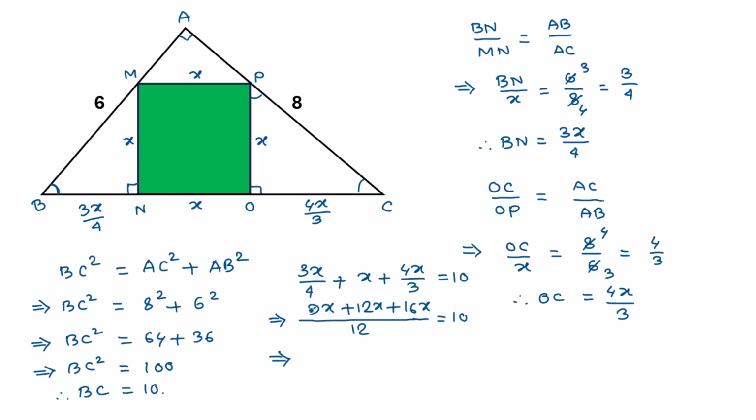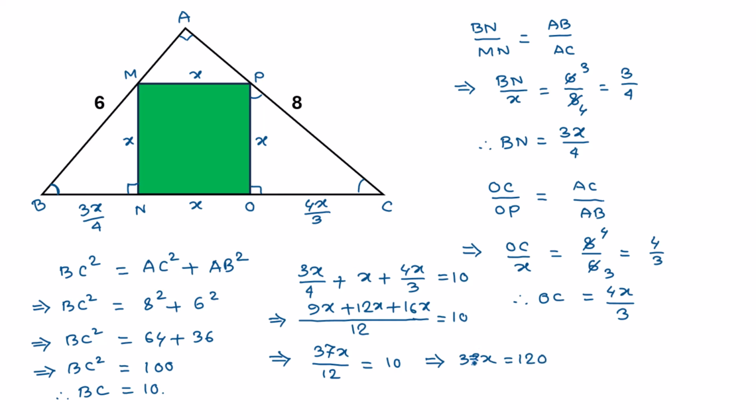Or 9x plus 12x plus 16x, this is 37x over 12, is equal to 10. Multiplying both sides by 12, we'll get 37x is equal to 12 times 10 is 120.